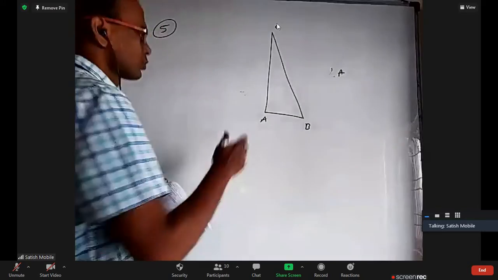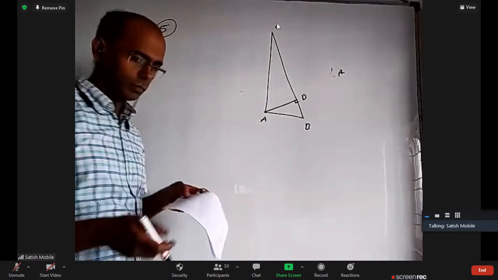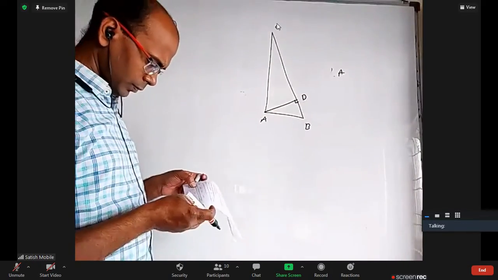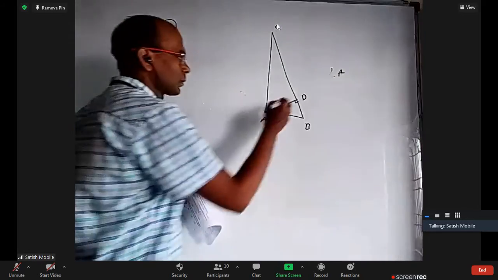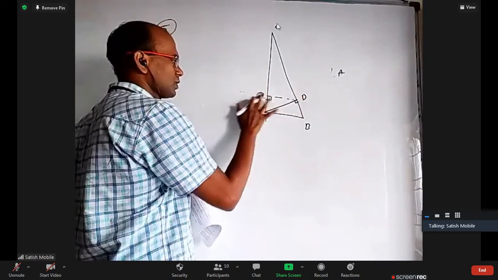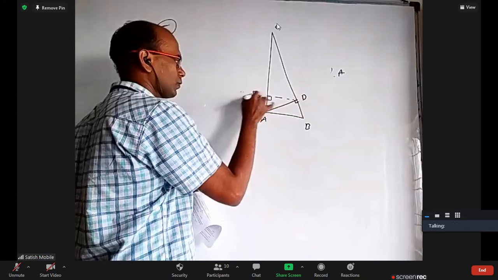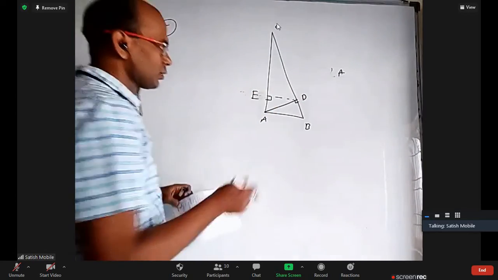AD is the altitude. So I have to drop a perpendicular AD from A on BC. Draw DE perpendicular to AC. So this is E. DE is perpendicular to AC, and DF is perpendicular to AB.